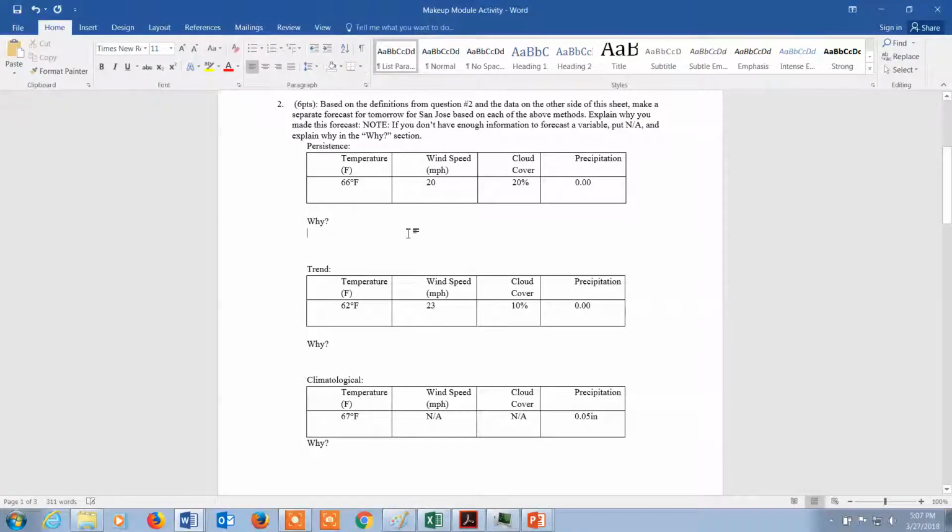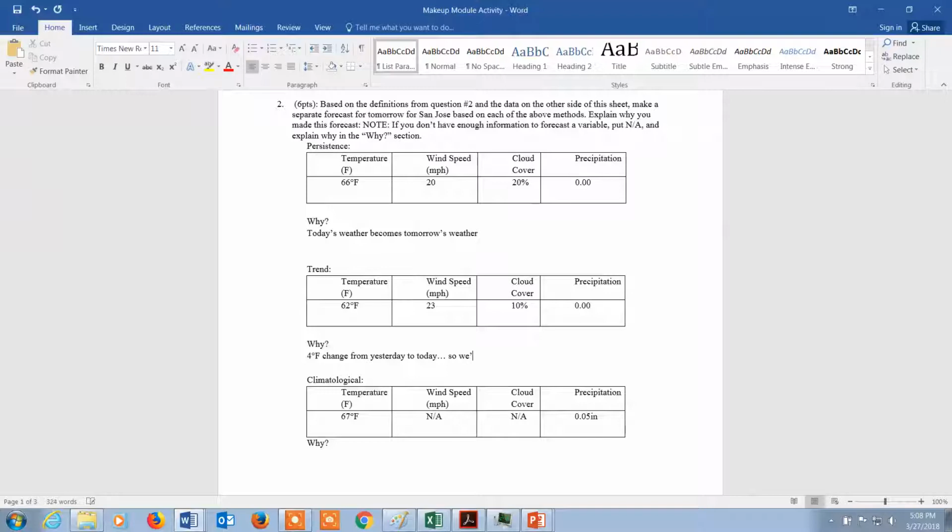For the persistence, basically today's weather becomes tomorrow's weather. Oops. Don't mind the typos or the bloopers. As far as trend is concerned, the difference between yesterday and today becomes the difference between today and tomorrow. So we had a 4-degree change from yesterday to today.